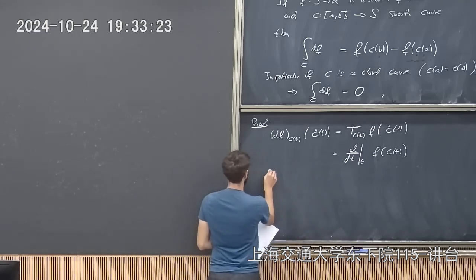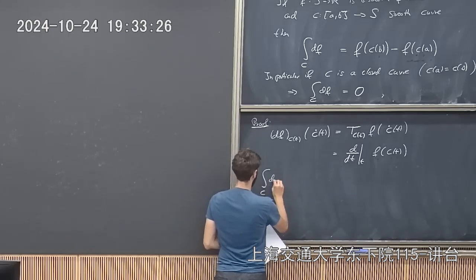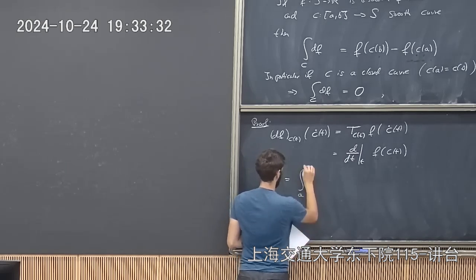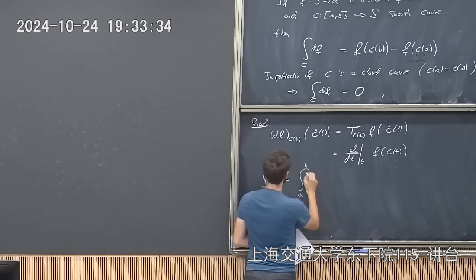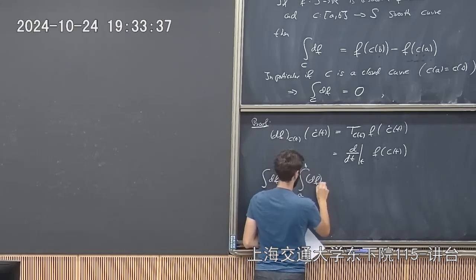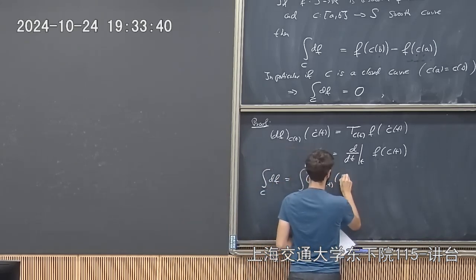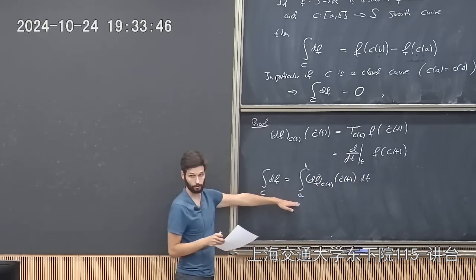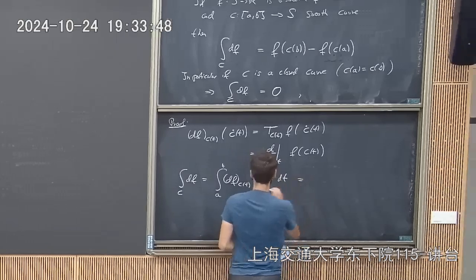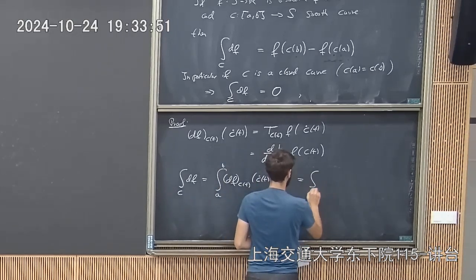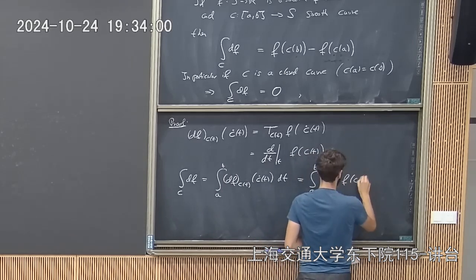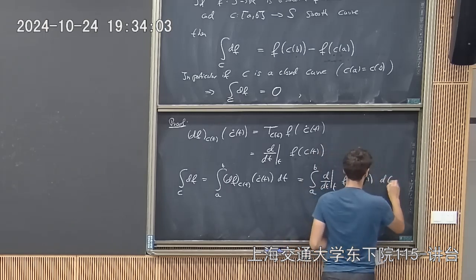So now let's look at the whole equation. So what we get is that this one is the integral from a to b of df at c of t applied to c dot of t, dt. So that's the definition of the integral. So now we use this calculation that we had to write this as the integral from a to b of d dt of f of c of t, dt.